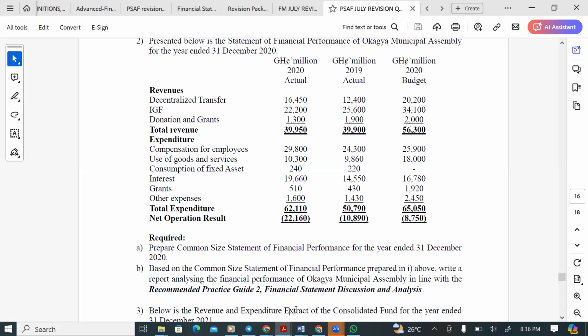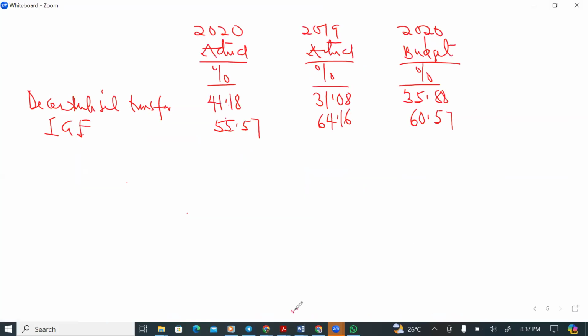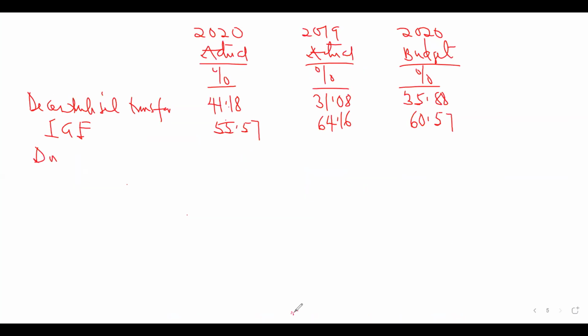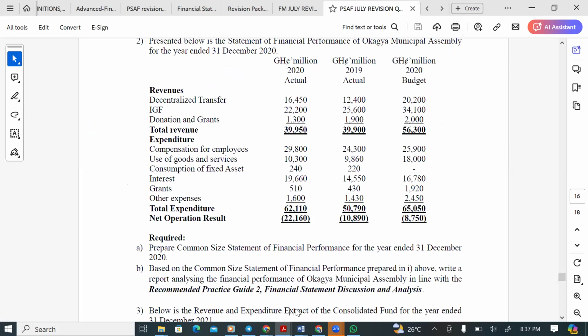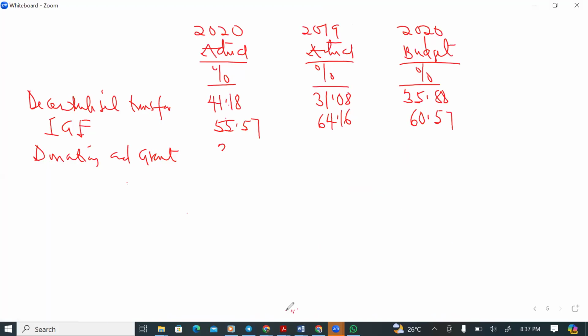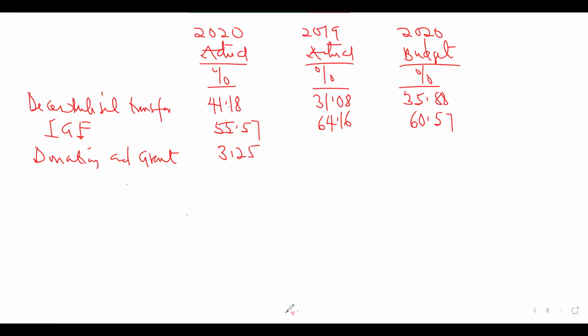Then we have donations and grants. What will be the percentage? 3.25 for the first year. Then 4.76 for 2019.